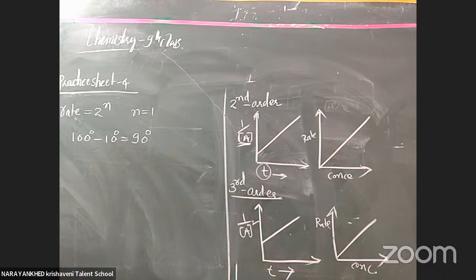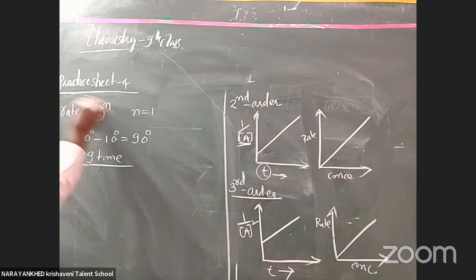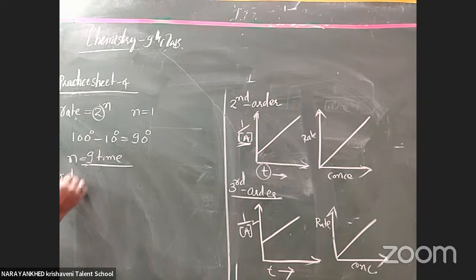Clear? It means 9 times it will become greater. Clear or not? How many times? 9 times, for this rate. Here n is equal to 9. Now the rate is equal to 2 to the power of 9. Clear or not?